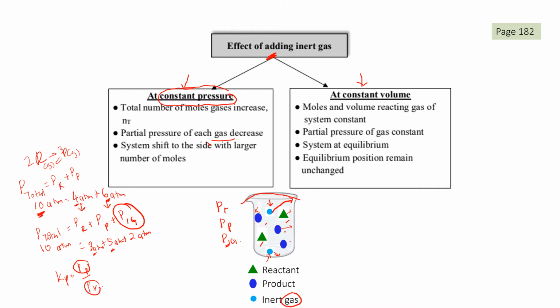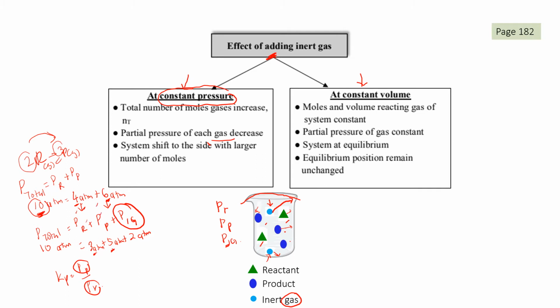Sebabkan kita dah berkurang partial pressure dia, kita akan counteract balik dengan shift pada side yang lagi banyak mol. So dalam contoh ni, yang ni ada 2, yang ni ada 3, so dia akan shift to the right. Okay, yang ni kalau kita pada keadaan constant pressure, kita nak remain sebagai 10 atm.